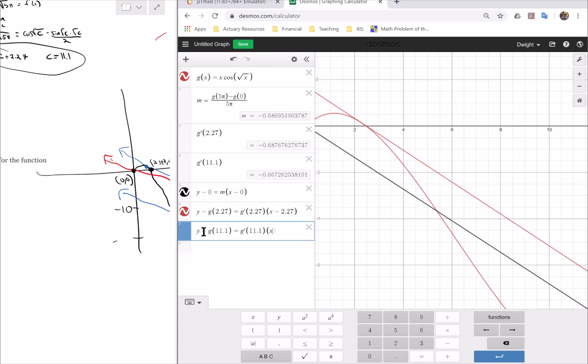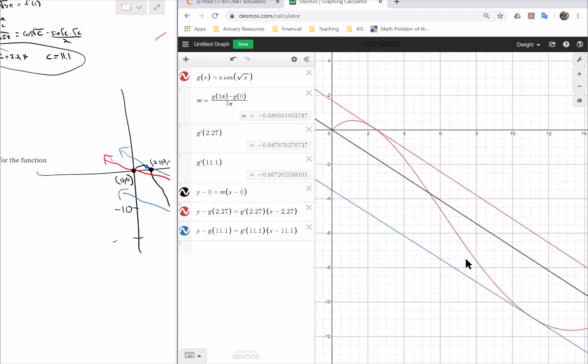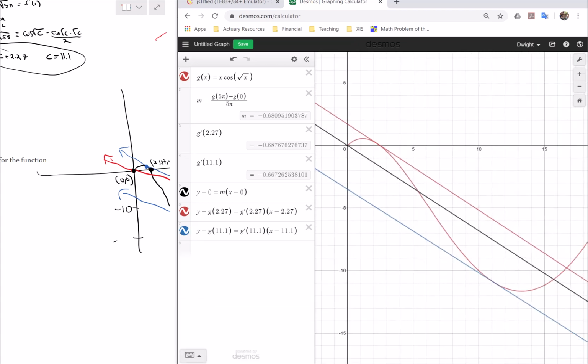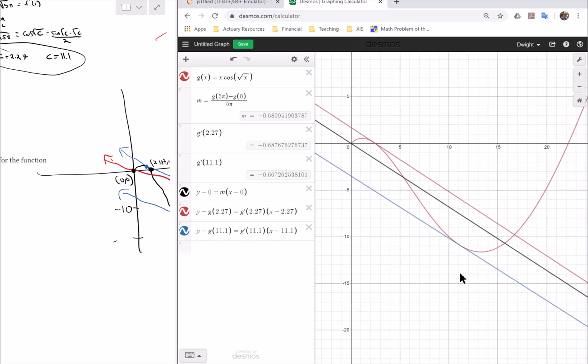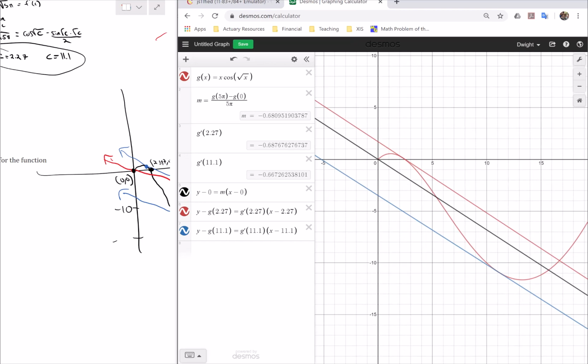That tells me the slope, x minus 11.1. And here's the other tangent line that is parallel to that secant line, right? Notice both of these occurred within the interval, right? Within the interval from 0 to 5 pi, the two tangent lines. And so the graph should look something like this on your paper, right?